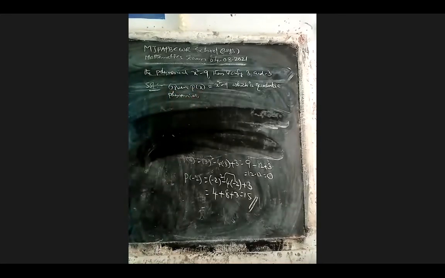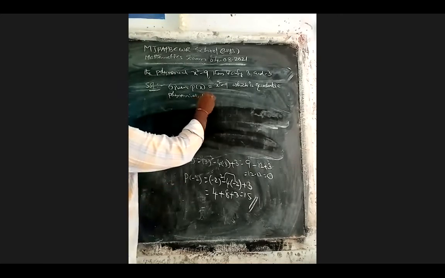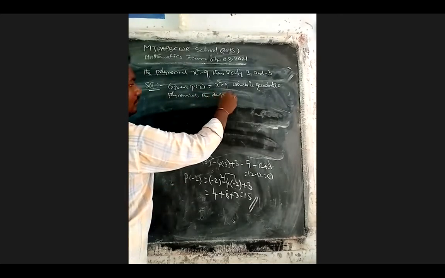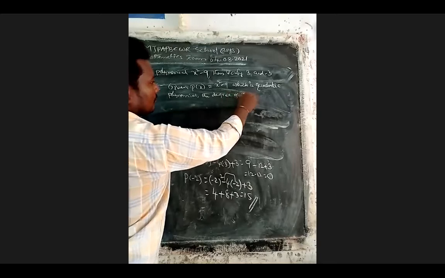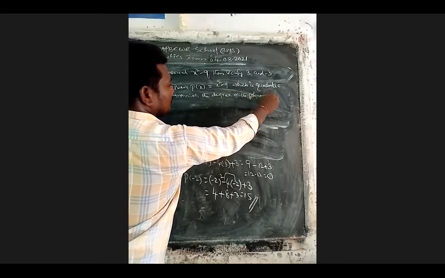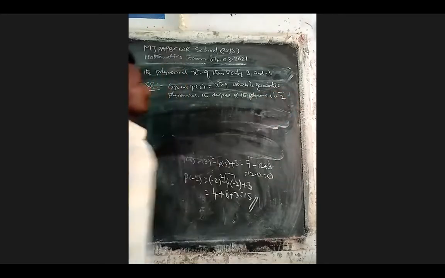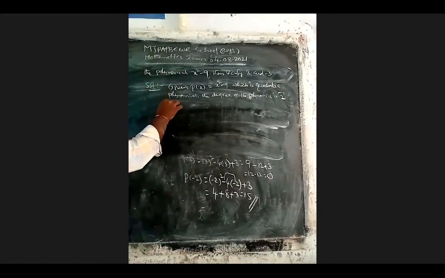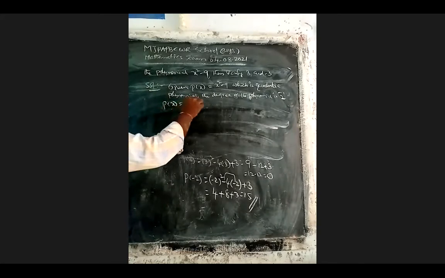So the degree of the quadratic polynomial is 2. P of x equals x square minus 9.